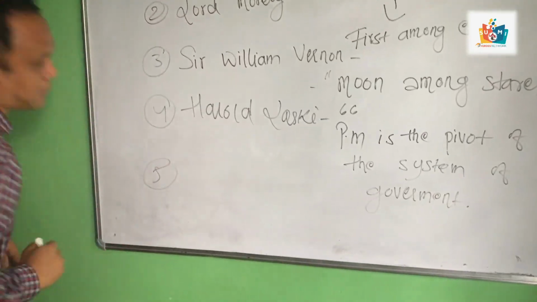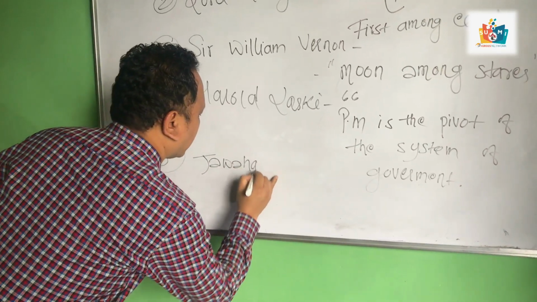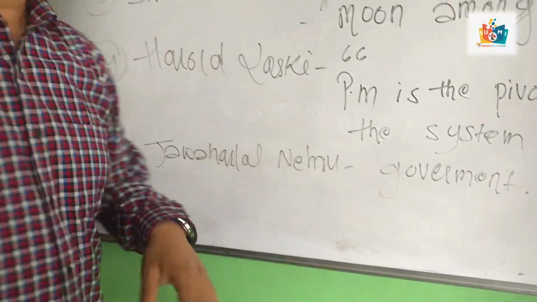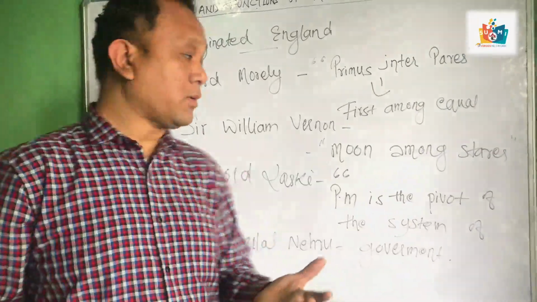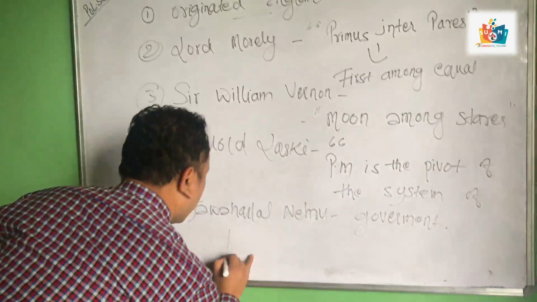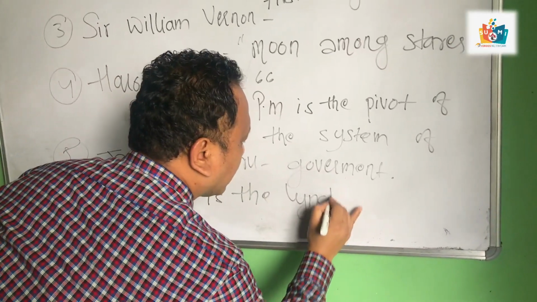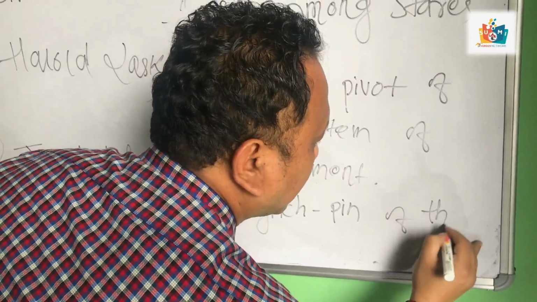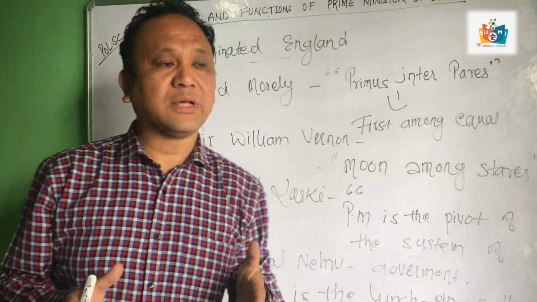Now the number five point is Jawaharlal Nehru. As we know, he was the first Prime Minister of India, and according to him, the Prime Minister is the linchpin of the government, which means the most important part of the government.